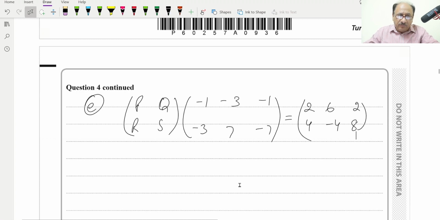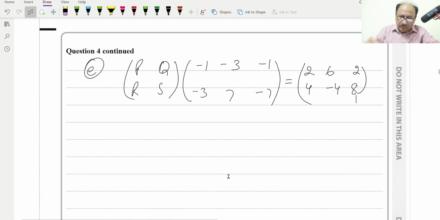Now we will form the equation. We multiply the first row with the first column, and we can write here p times minus 1 will be minus p, and minus 3q, and this will be the first multiplication.